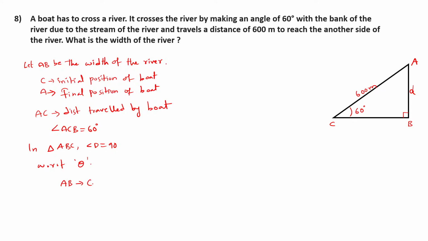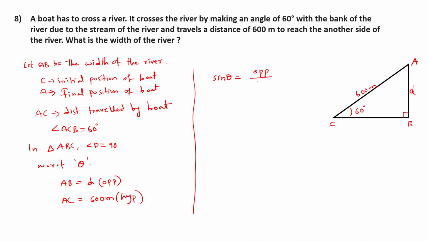AB value we don't know, so we assume it as D and that becomes the opposite side. Next, AC we know that is 600 meters and it is the hypotenuse. So, opposite versus hypotenuse is nothing but sine theta. Sine theta is equal to opposite side by hypotenuse.